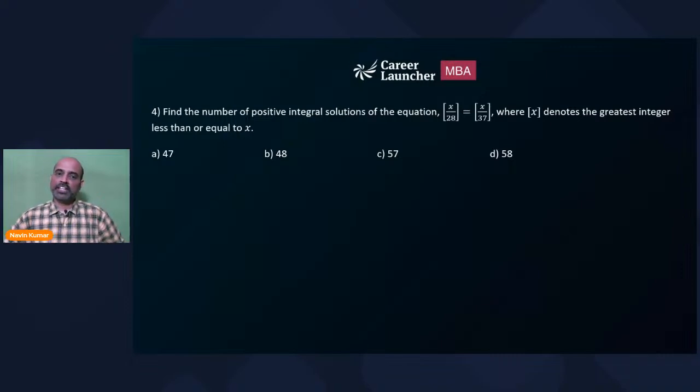Number of positive integral solutions of the equation, where greatest integer of x denotes a value which is greater than greatest integer less than or equal to x.